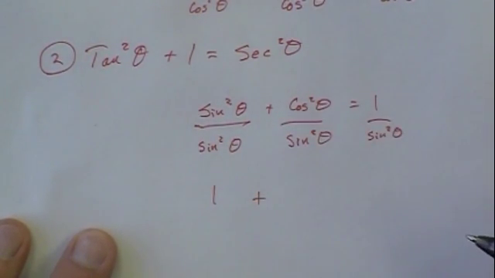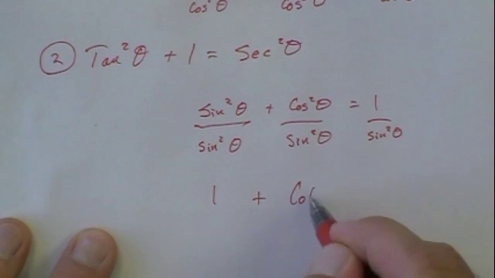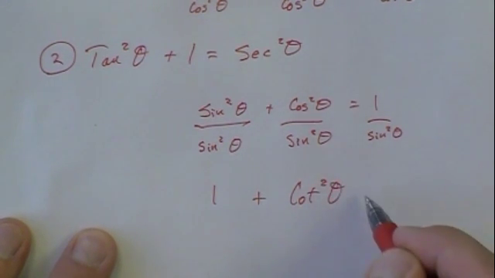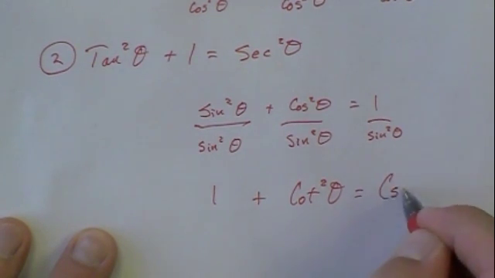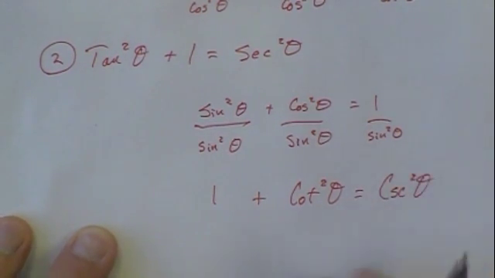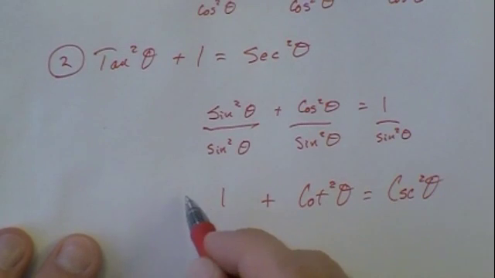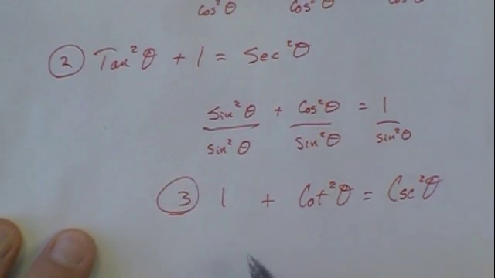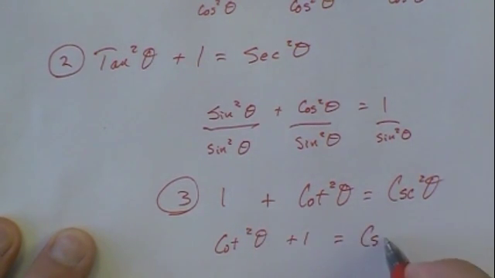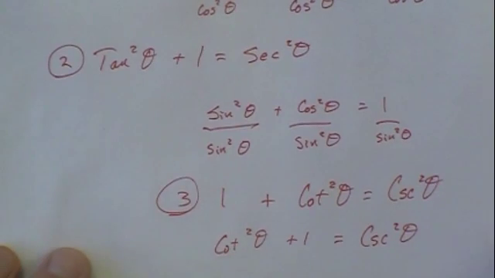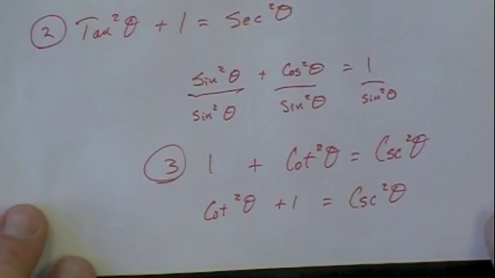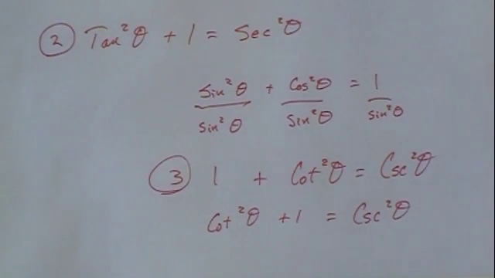Cosine divided by sine, that is cotangent. So we have cotangent squared theta. And then 1 over sine is cosecant. This then is our third Pythagorean identity. Can also be written as cotangent squared theta plus 1 equals cosecant squared theta, to give us 3 Pythagorean identities.